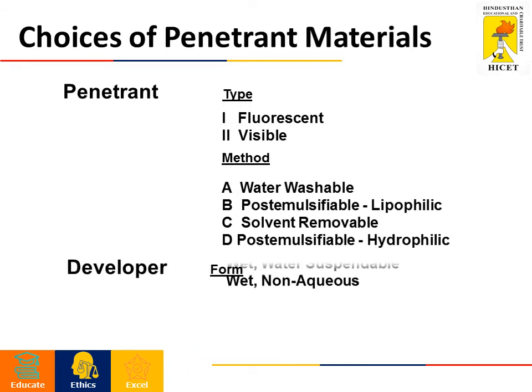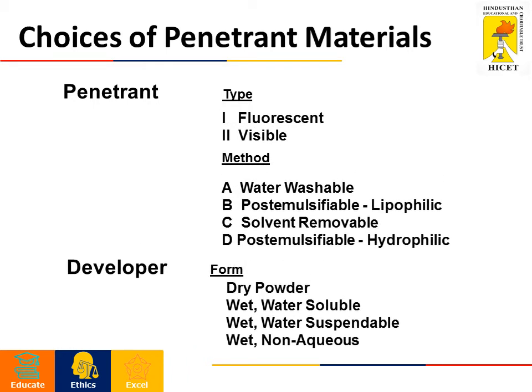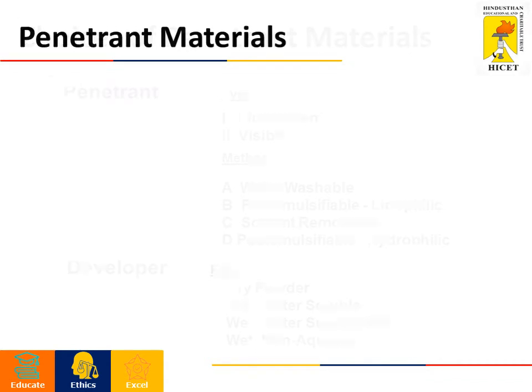Normally fluorescent and visible material, and water washable, post emulsifiable, solvent removable, and developers: dry powder, wet and or water soluble, which is very important, water suspendable and wet non-aqueous. These are the choices of penetrant materials.